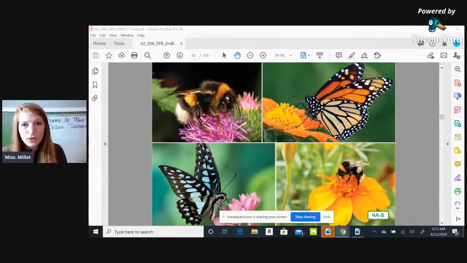The shape, fragrance, or smell and color of the flower, as well as the sweet tasting nectar contained within the flower itself, attract many different kinds of insects. As insects move from flower to flower, the sticky substance called pollen clings to their bodies and is transferred from flower to flower.